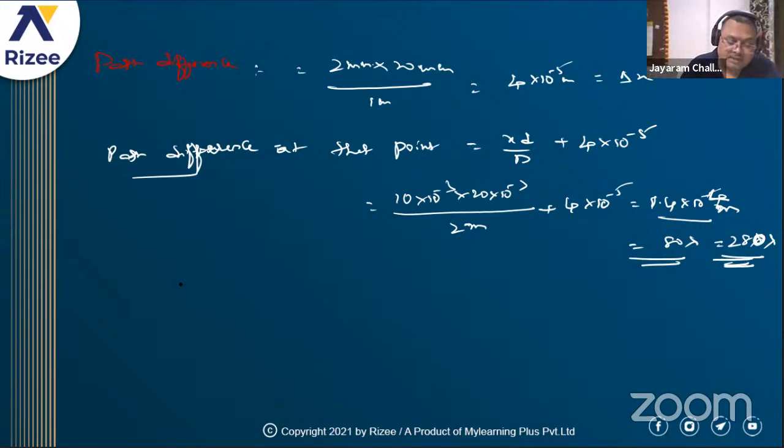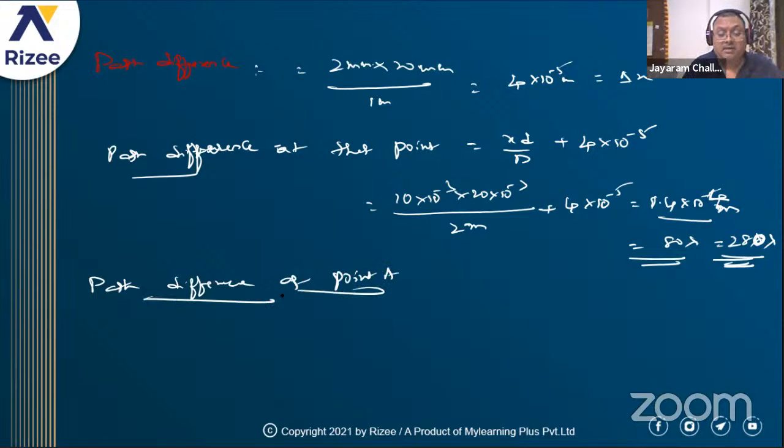Now coming to the path difference at point A. How do you get this one? For that, we need the path difference at O and the path difference at A, after introducing the film.